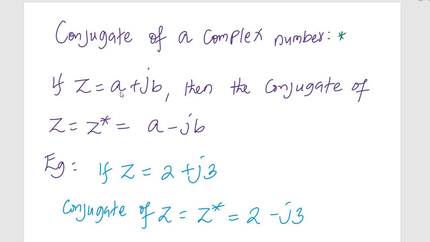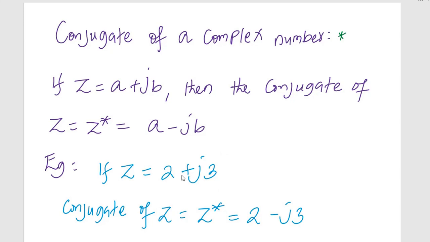In other words, the conjugate of a plus jb will be a minus jb. Likewise, if I had z equal to a minus jb, then its conjugate will be a plus jb. Just interchanging these two signs and you are good to go.